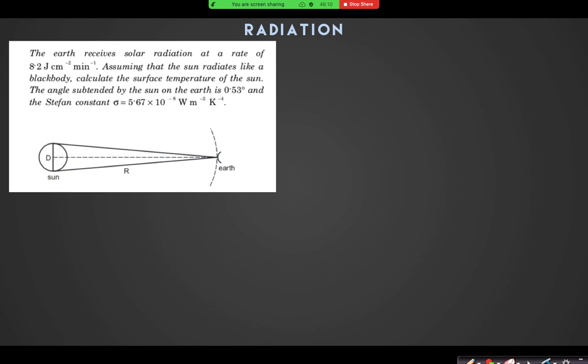So this question says that earth receives solar radiation at a rate of 8.2 joule per centimeter square per minute. Assuming that the sun radiates like a black body, calculate the surface temperature of the sun. The angle subtended by the sun on earth is 0.53 degree and Stefan's constant is given.